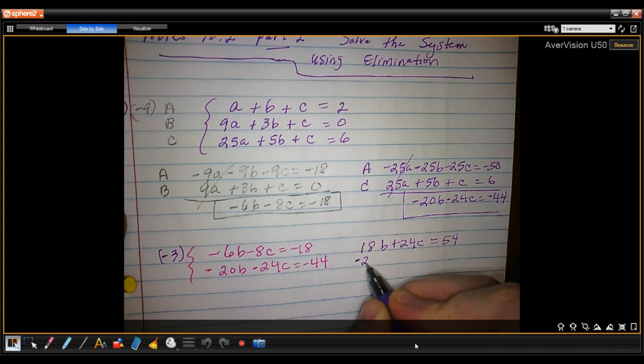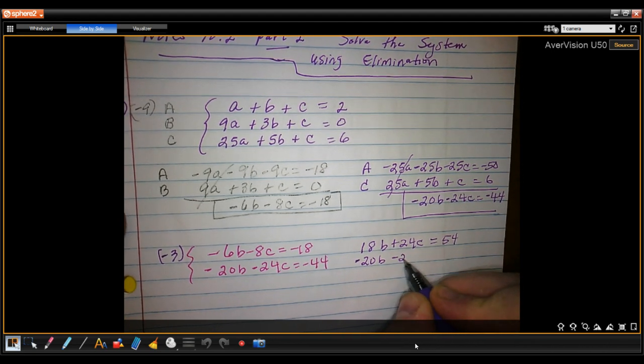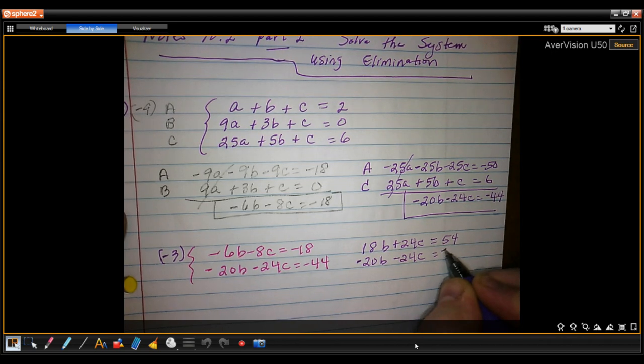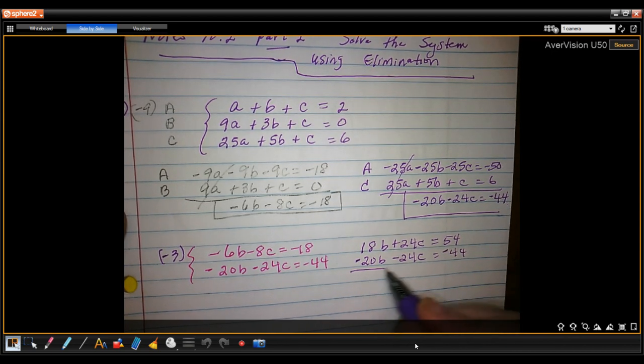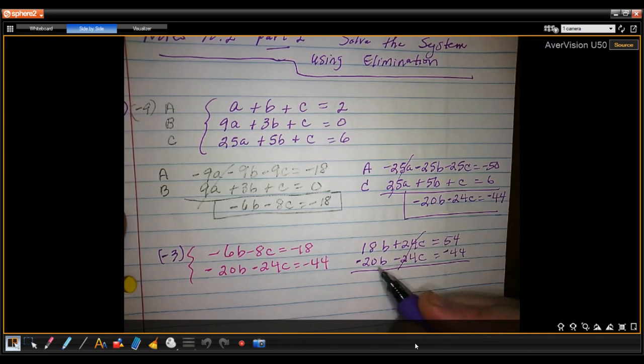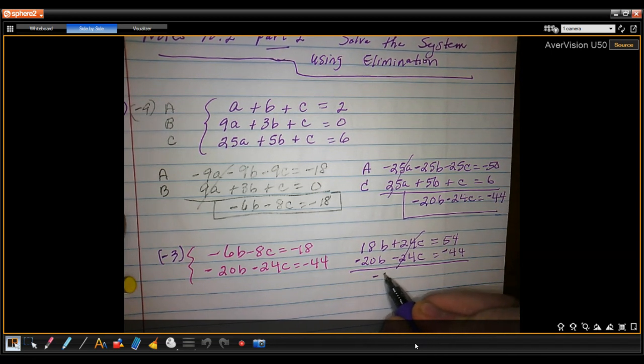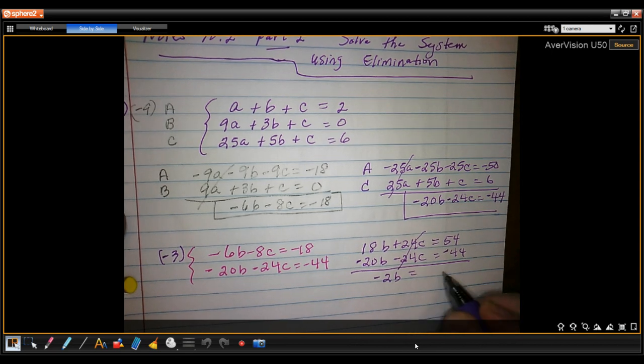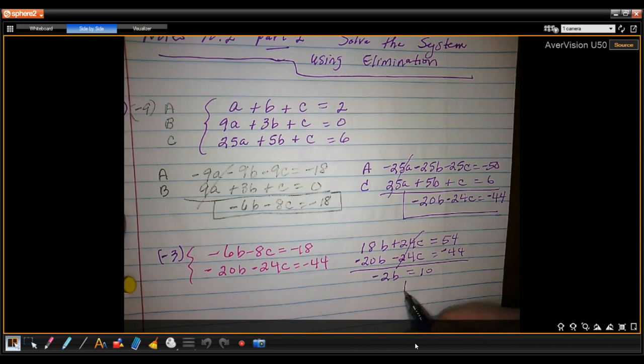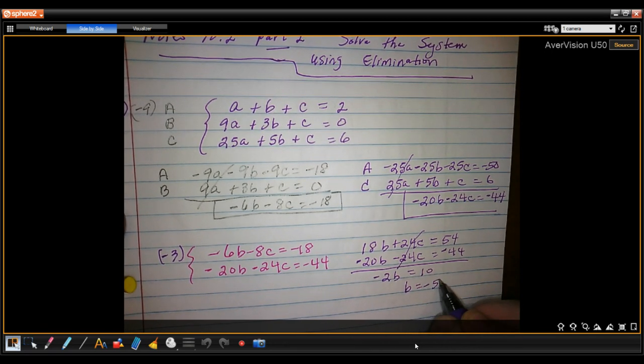Then I'm going to rewrite this row so it lines up, then add down. So C's cross out. That gives me negative 2B equals 10, so B equals negative 5.